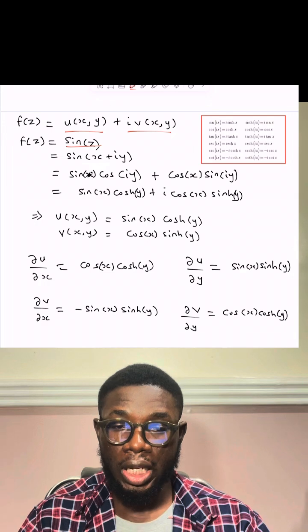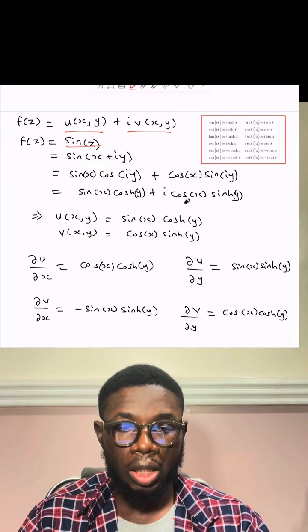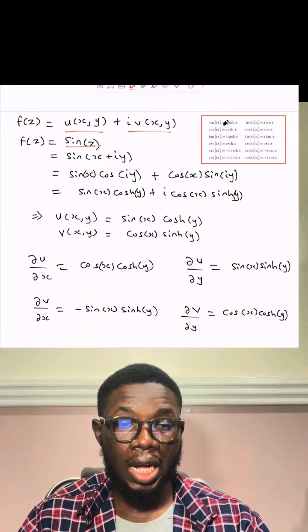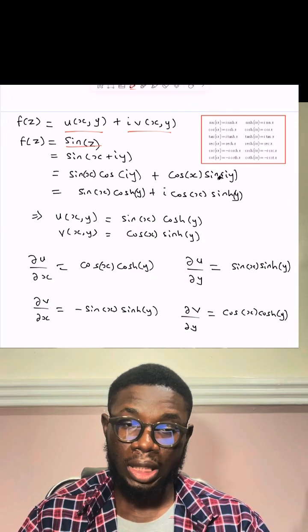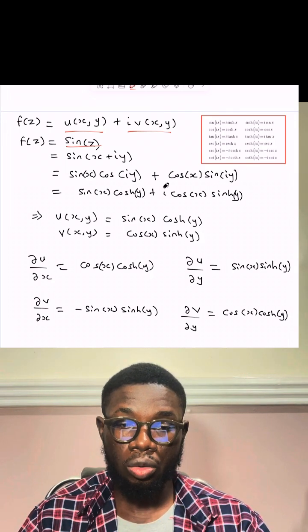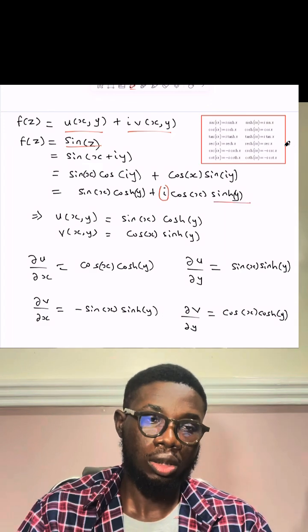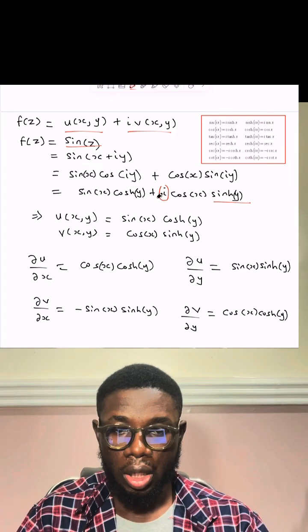So sine x stays as it is, and cos iy will be cosh y. Then plus cos x will still remain itself, but sine iy becomes i sinh y. You can always check this table if you need any further detail.